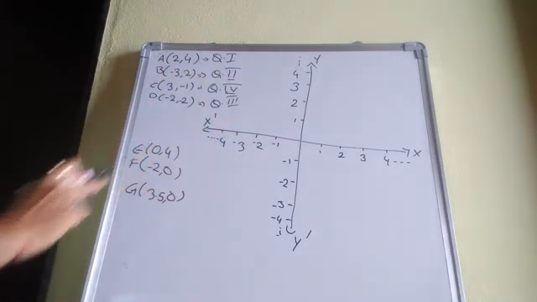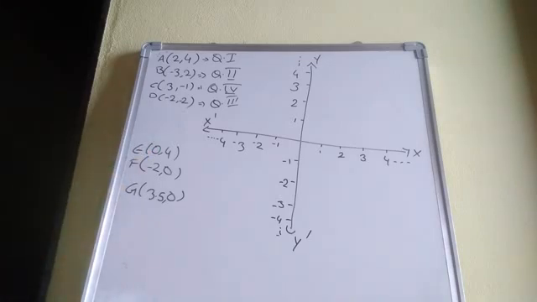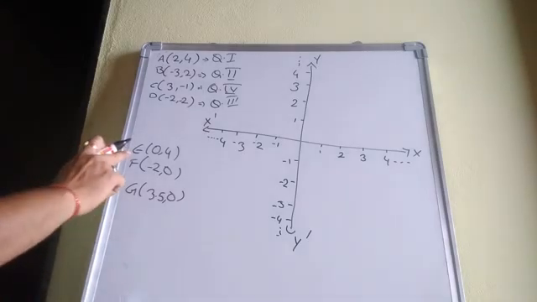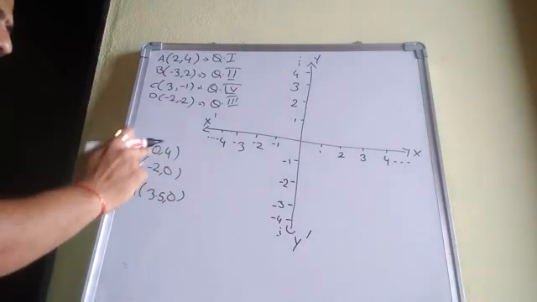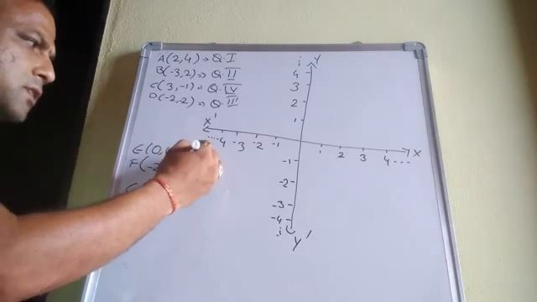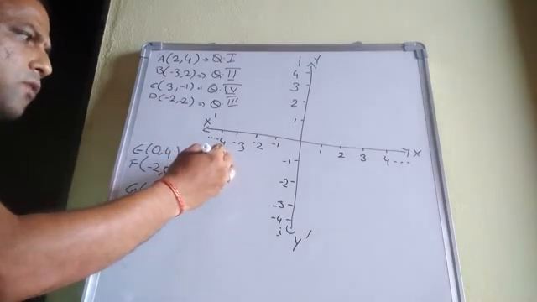Now, what we have learned in earlier videos: if the x coordinate or the y coordinate is 0, then it lies on an axis. If the x coordinate is 0, it lies on the y axis, and if the y coordinate is 0, it lies on the x axis. If you take a point E (0, 4), its x value is 0, therefore it lies on the y axis.